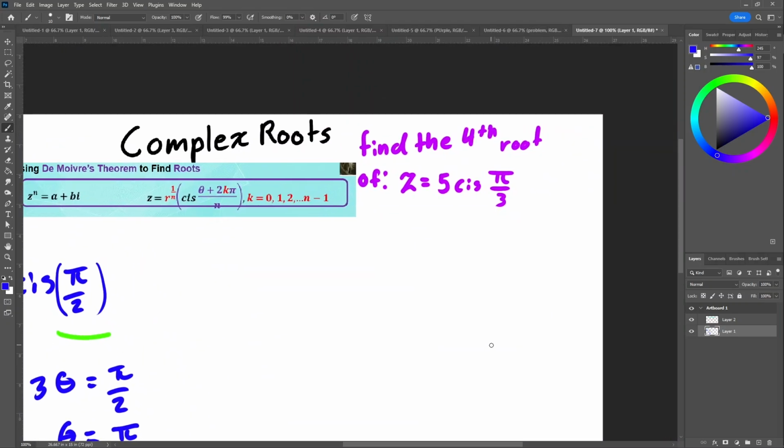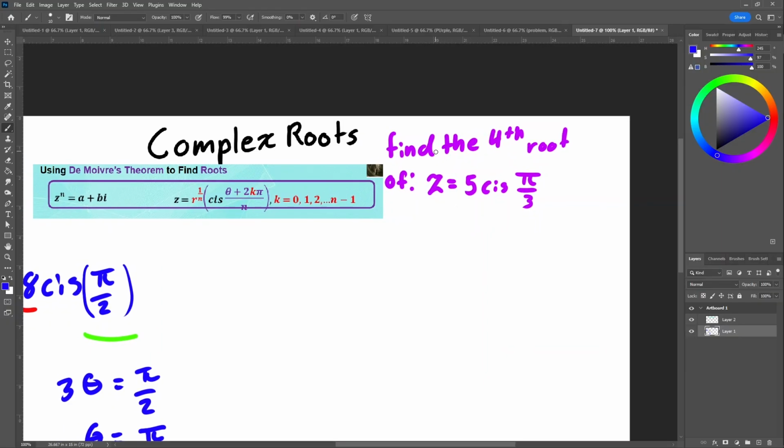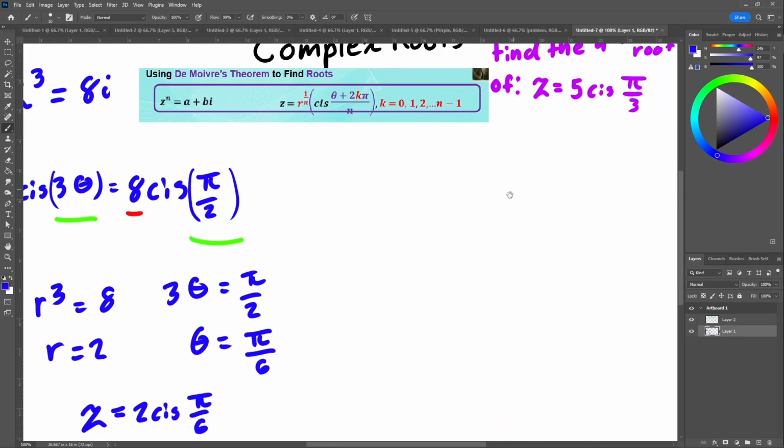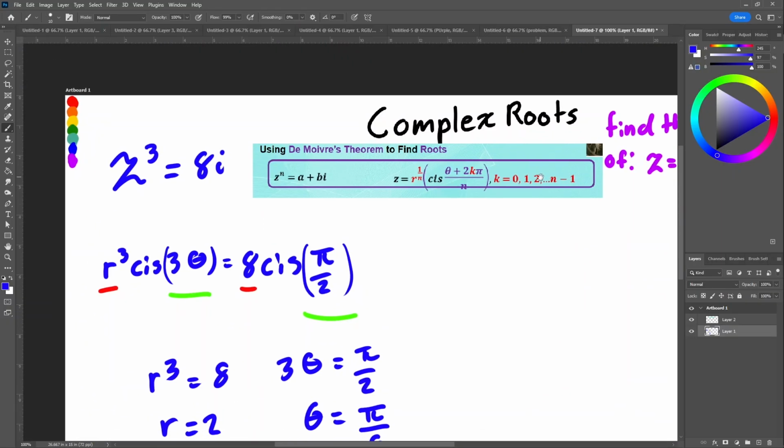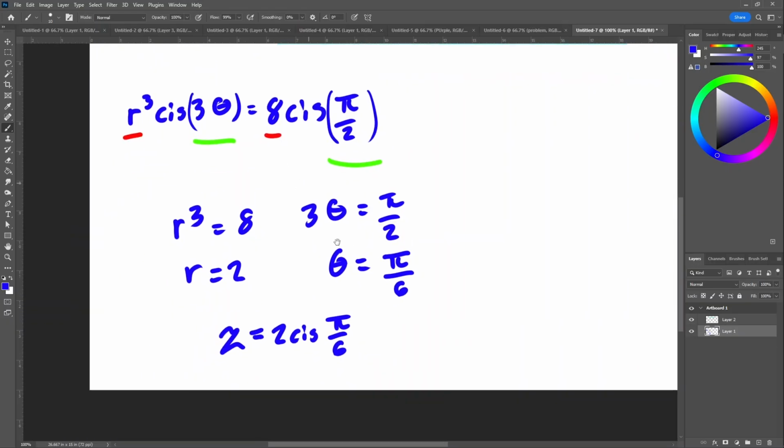We can use this same process to find more roots. For example, am I forgetting something? Oh, yes, this is numbers. So there's actually multiple numbers. This pi over 6 actually came with a little bit of a friend.